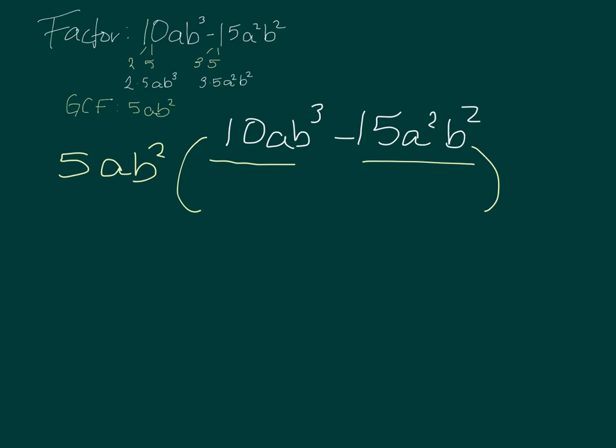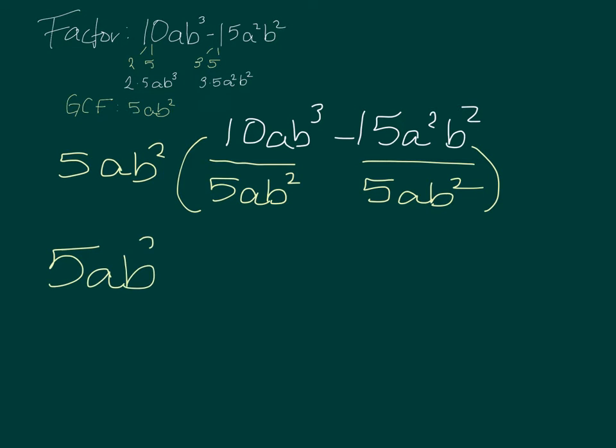Now I'm dividing each term by the GCF. Okay. And so in my next step, just writing the solution. So 10 divided by 5 is 2, a divided by a cancels, this cancels and that becomes a 1, so I've got 2b.